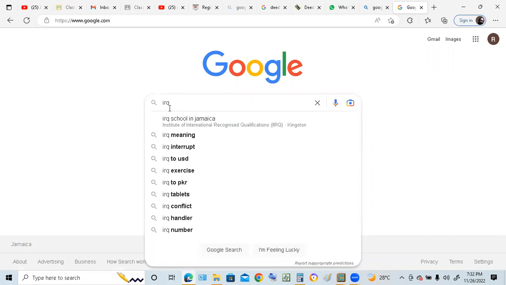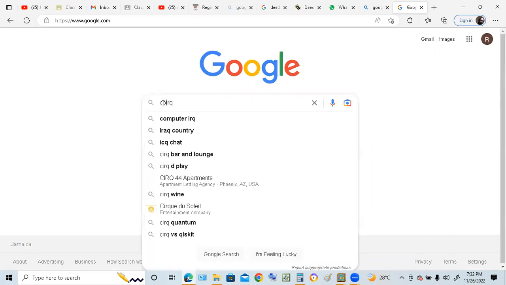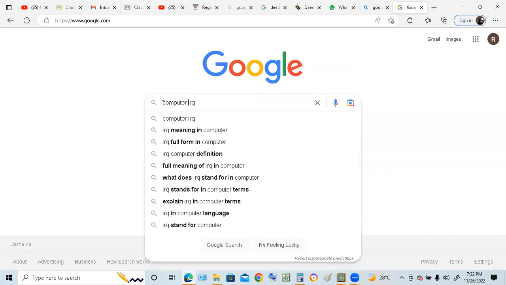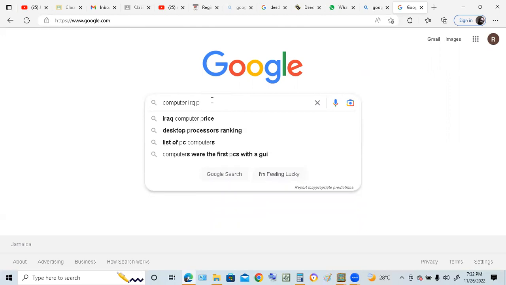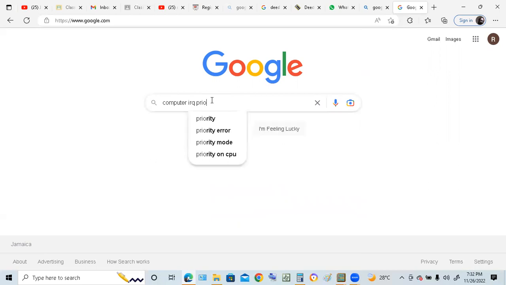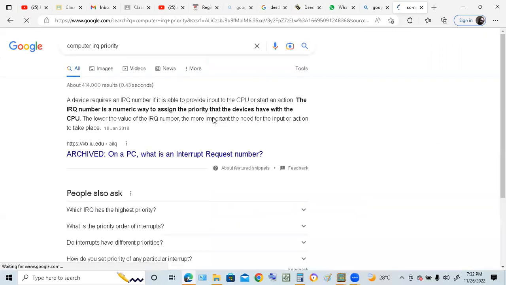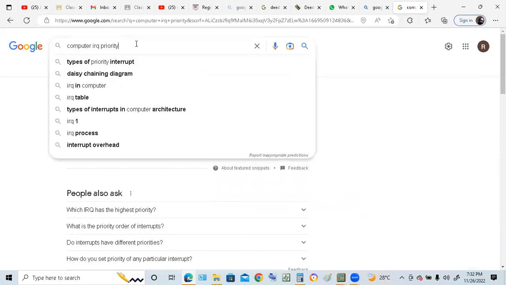All right, computer IRQ priority. Priority list.